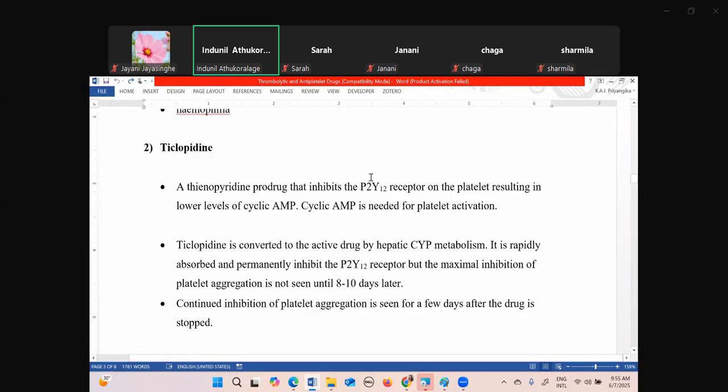So inhibiting this P2Y12 receptor on the platelet results in lower levels of cyclic AMP. When the receptor is inhibited, the cyclic AMP level will go down.